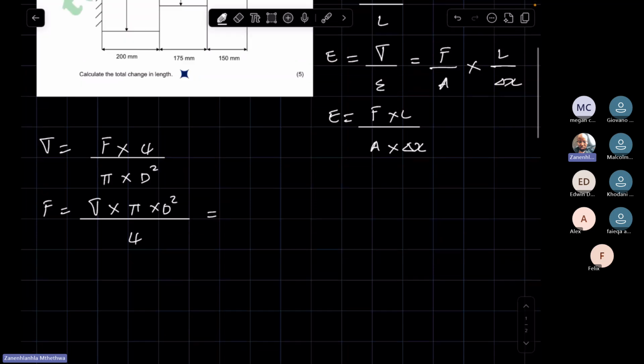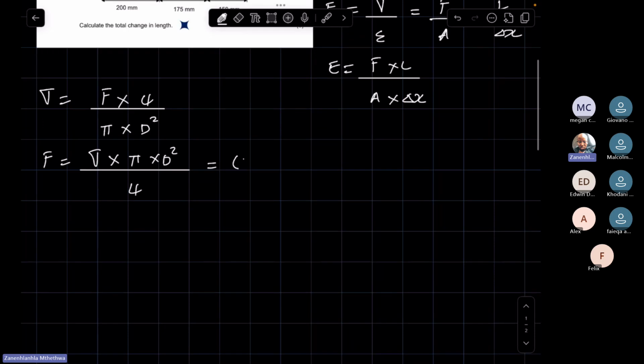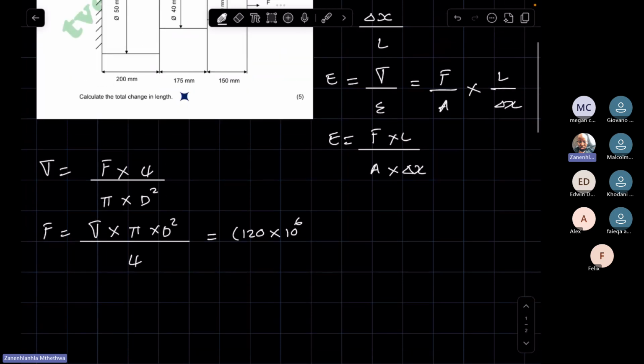Here you get direct stress, which is 120. Remember, that's megapascals. When you substitute, the direct stress must be in pascals, so you have to convert the mega to pascals. Like I said, mega is times 10 to the 6. So 1 megapascal is equal to 1 times 10 to the 6 pascals.